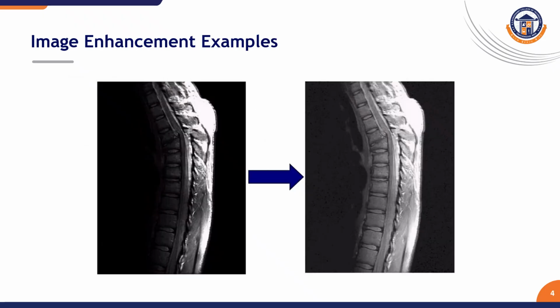The picture shown here is an example of image enhancement. The left side shows a blurred image. If enhanced, we can have a clear visible picture by means of enhancement.